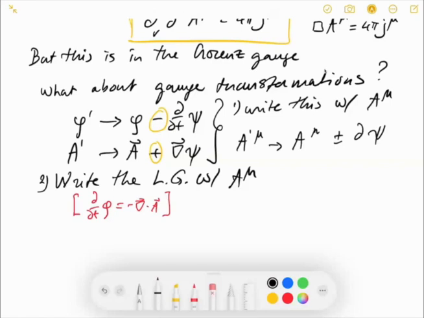The first thing that we run into is that, if the thing on the left-hand side is supposed to be contravariant, then the thing on the right-hand side is also supposed to be contravariant. The second thing that we're running into is that usually, this del operator is just ddt and then the gradient, both with the same sign, whereas this gauge transform requires the subtraction of the ddt and the addition of the gradient. So if you go to the contravariant, you get ddt, and you get minus gradient.